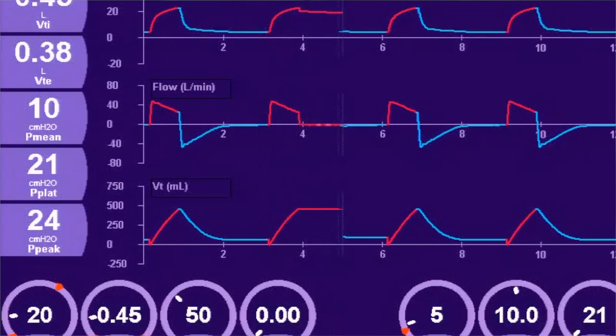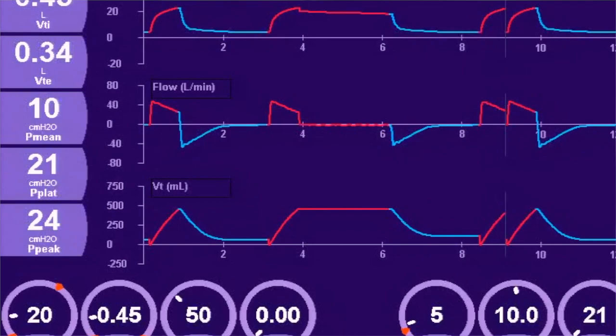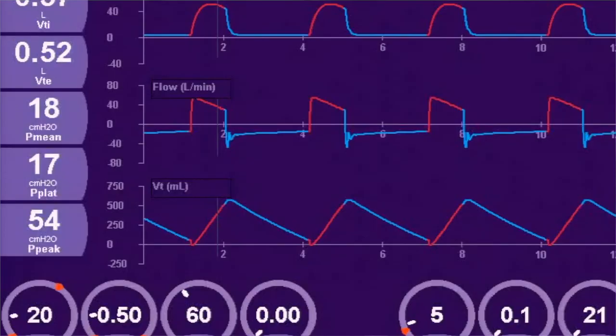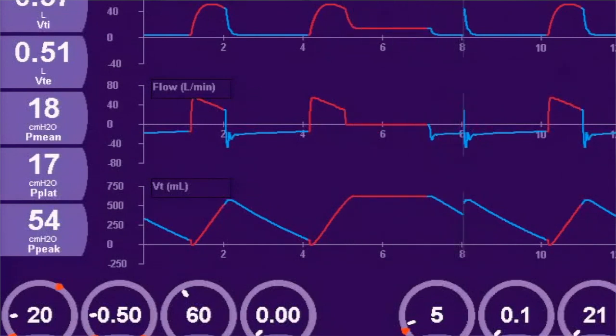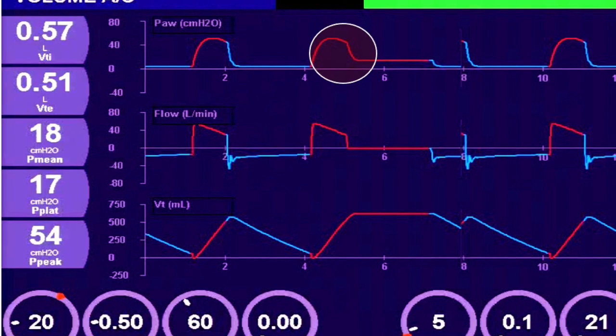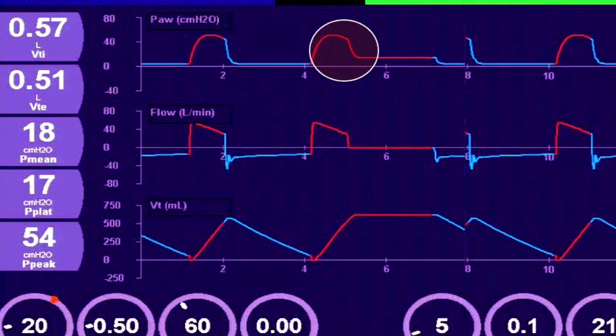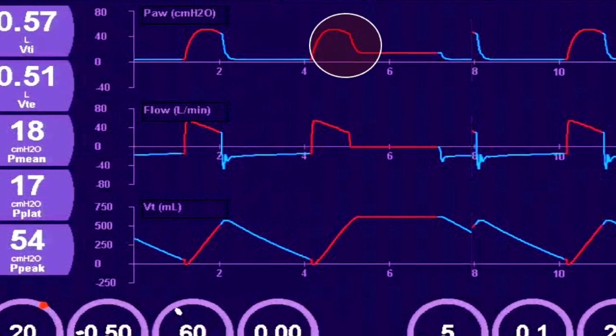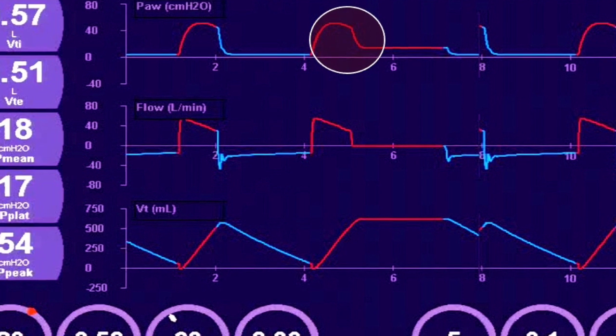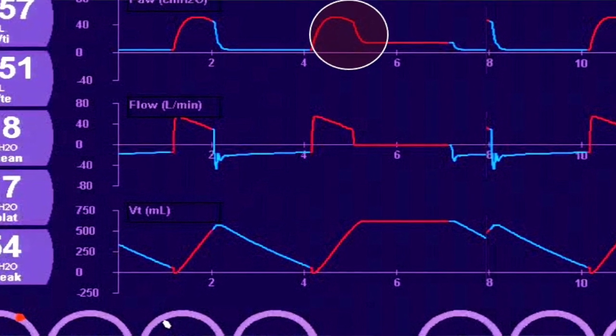When you apply the inspiratory hold, depending on the ventilator, it will just show a different color. But the key is to recognize that pause. So if there is a huge gradient between the peak pressure and the plateau pressure, it is airway resistance. So the patient may require an inhaled corticosteroid, a bronchodilator, or to be suctioned.